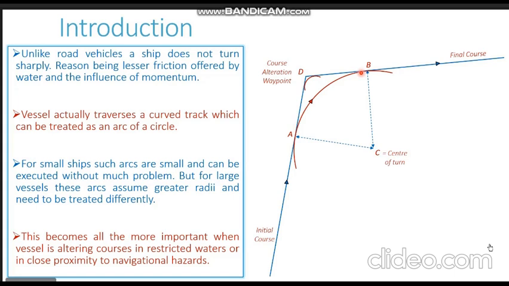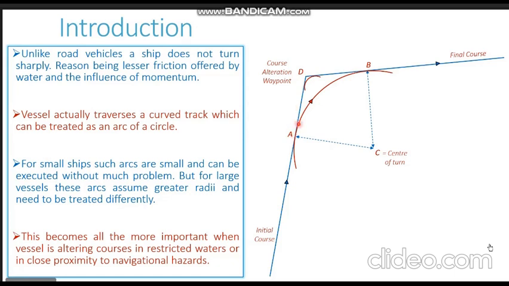So it becomes very important for us that whenever we are planning our passage, we mark these curved paths on our chart or they are marked on our ECDIS, and we check the safety of the curved path because this is the actual path where the ship will be moving. The vessel will not be moving on straight line track from Alpha to Delta and Delta to Bravo.